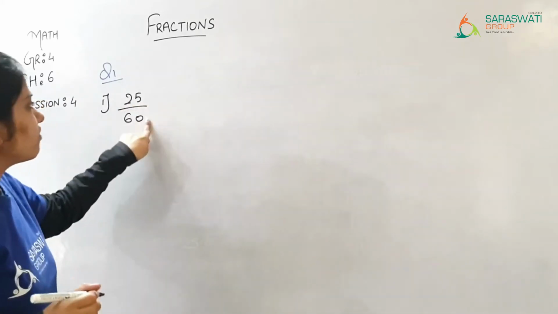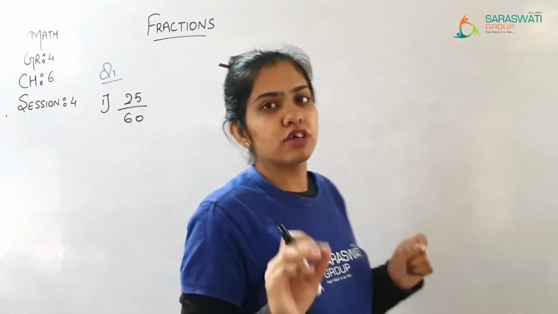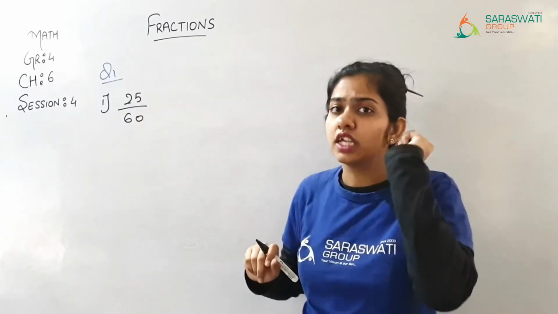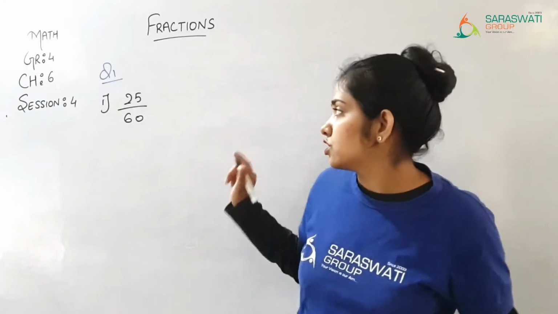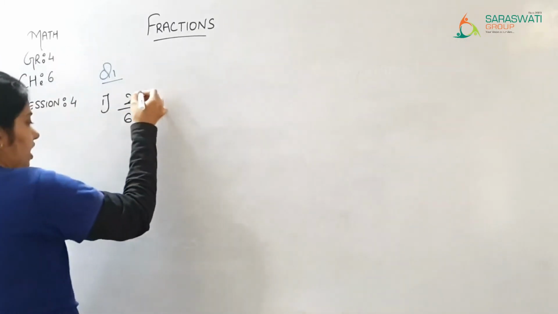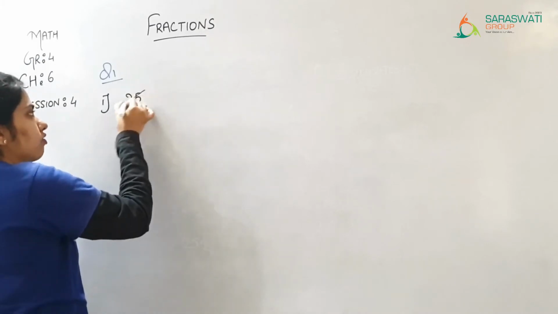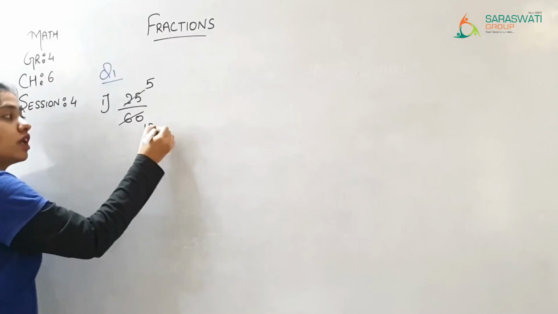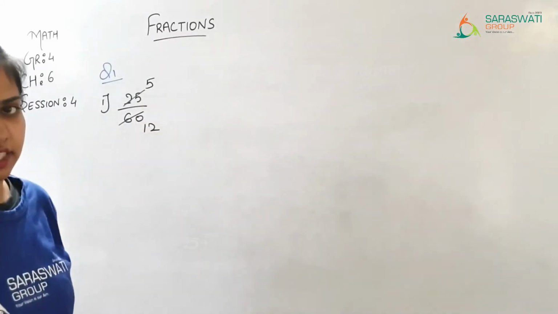So now 5 and 0 is there, so it is possible that it will be divisible by 5 only. So let us divide: 5 5s are 25, 5 12s are 60.